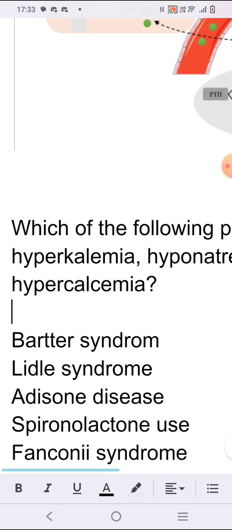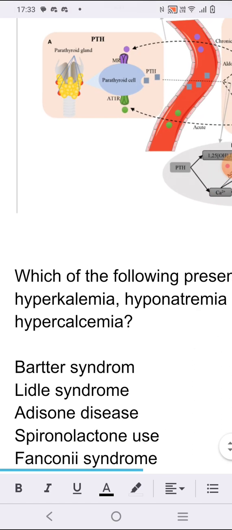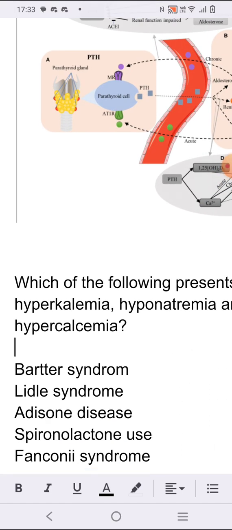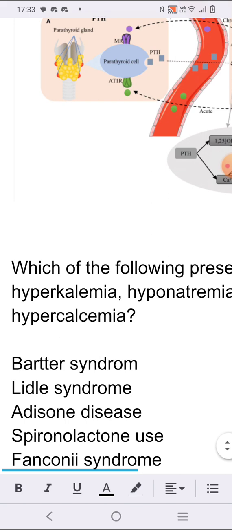What about Addison disease? Addison disease is the right answer here, because Addison disease is primary adrenal insufficiency, where you lose cortisol and aldosterone as well. So when there's no aldosterone, you increase your potassium. We know that, right? What about calcium? Why is it increased then? It's because of cortisol.